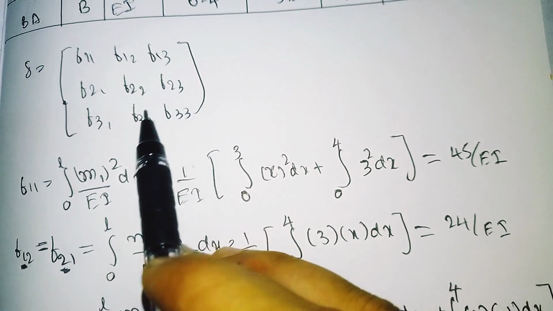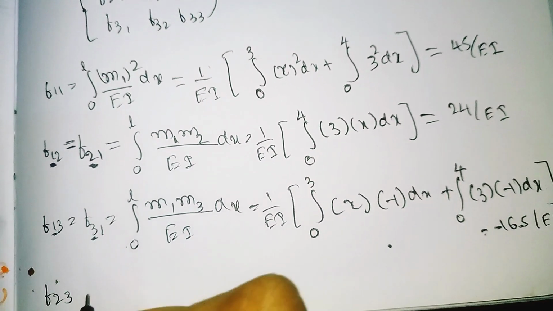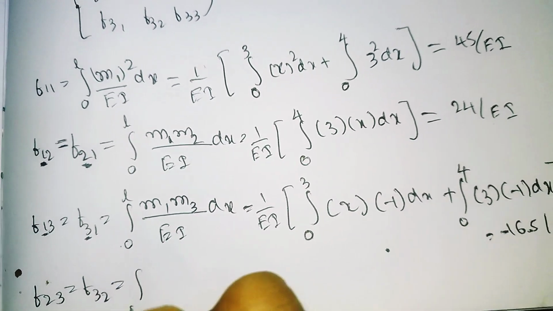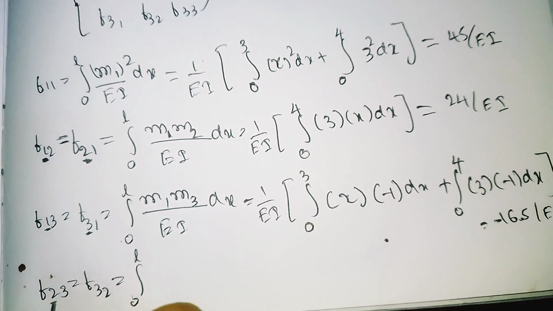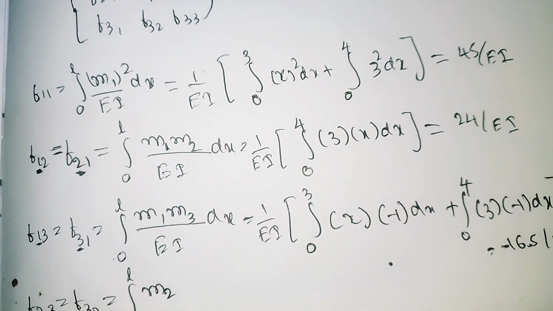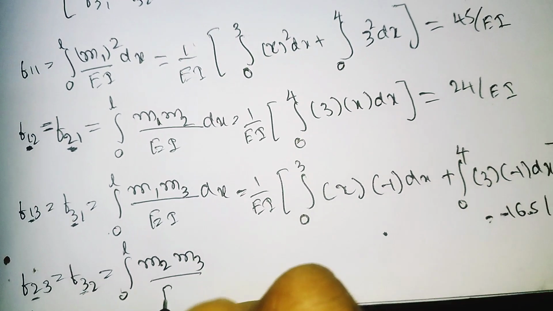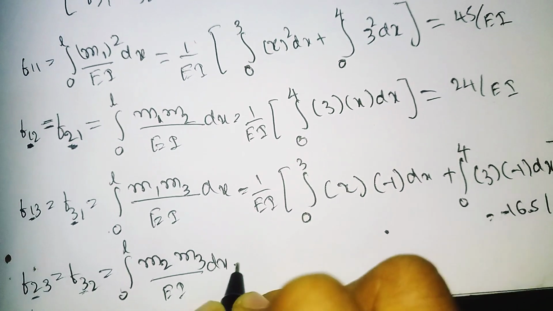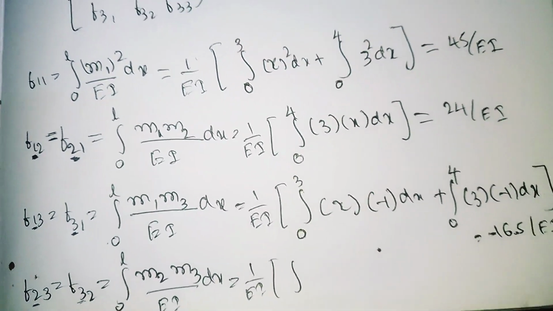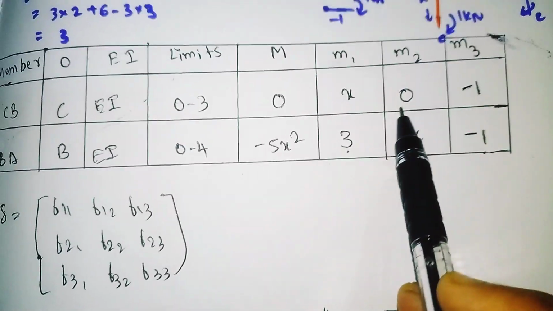Similarly for F23 and F32 we have the formula F23 is equal to F32 is equal to integration of 0 to L. First point is 2. So moment of coordinate number 2 into moment of coordinate number 3, M3 divided by EI into dx is equal to 1 divided by EI outside. So this into this one becomes 0.